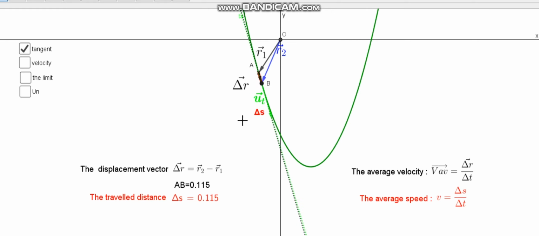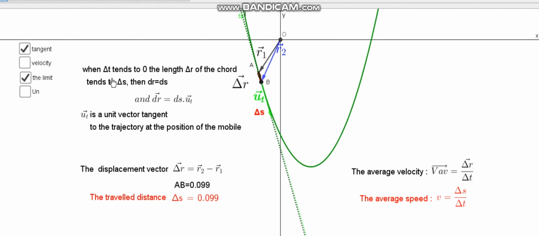Then, I repeat, the chord, the arc, and the tangent have the same direction, that of the tangent at A. Okay.